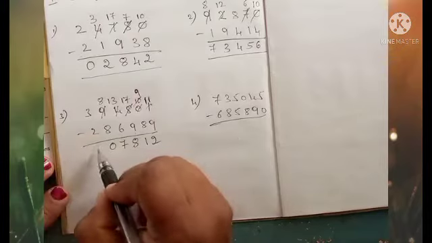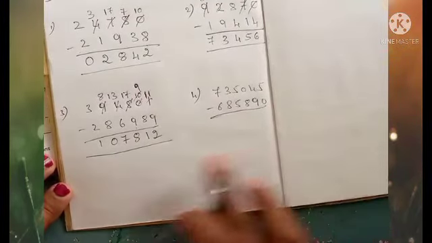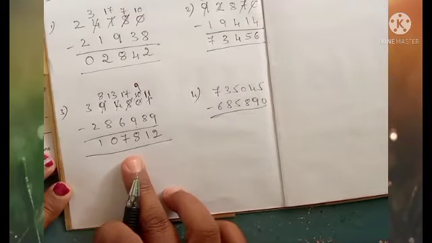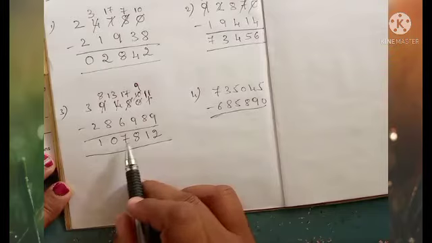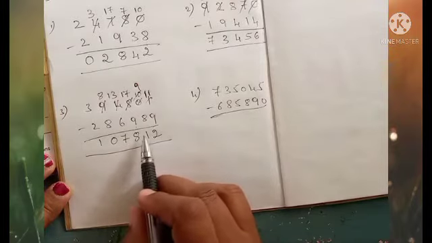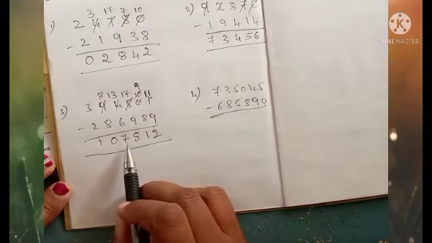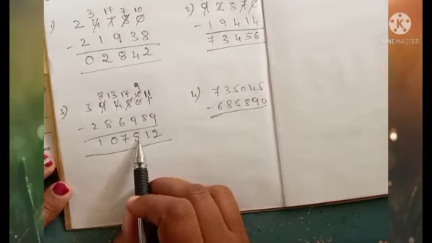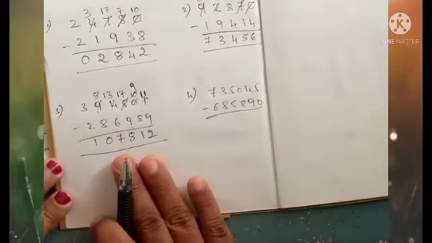Then 3 minus 2? 1. So what is the difference, dear children? The answer is called difference. Okay, so let's see what is the number. Ones, tens, hundreds, thousands, ten thousands, lakhs. So it's 1,07,812. This is the difference we got.